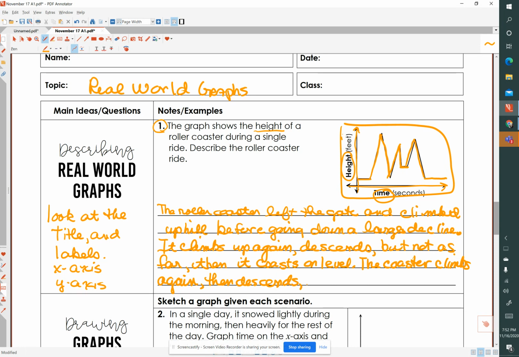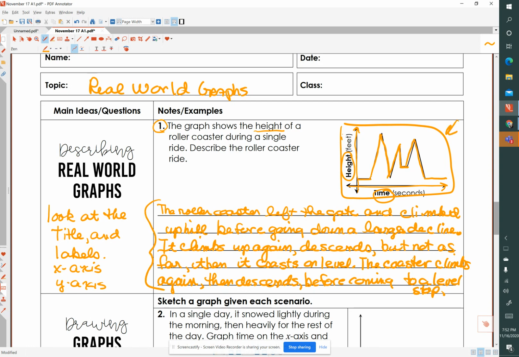Before coming to a level stop. So that's the story of the roller coaster told in a graph.